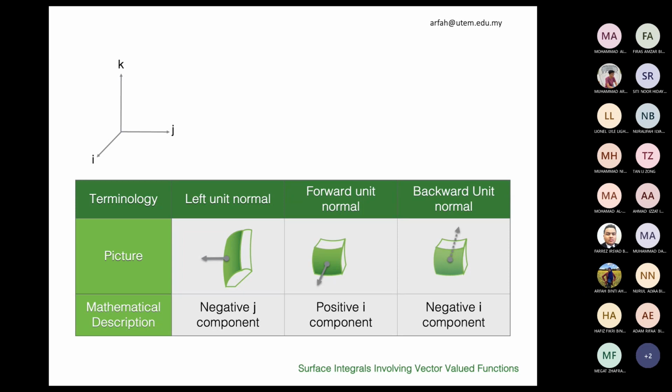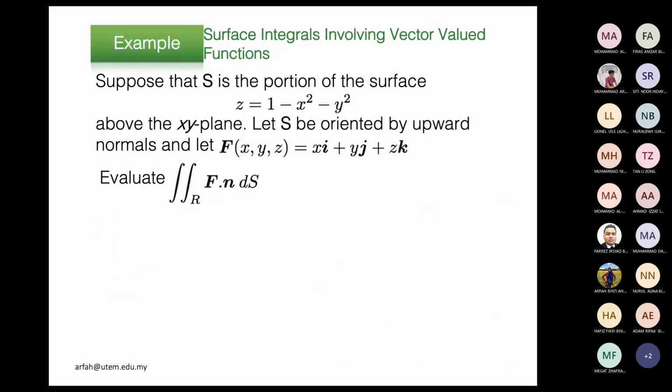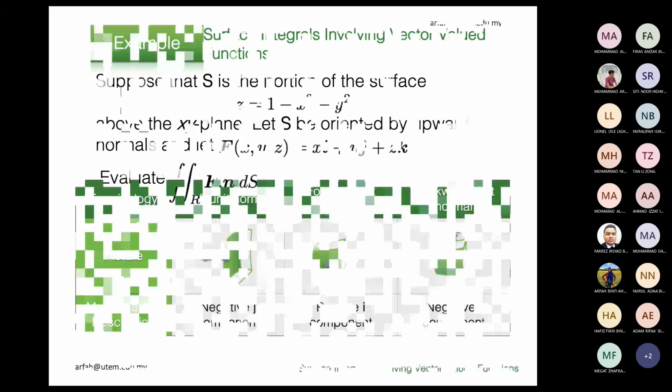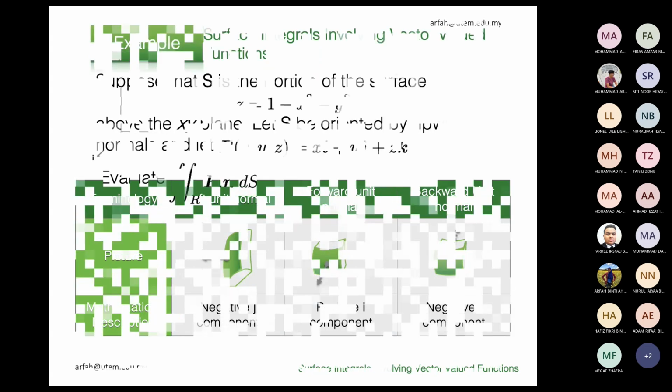If you have the positive i component, then the unit normal vector is the forward unit normal vector. And if you have a negative i component, then you are going to have the backward unit normal. Okay. And from here, how are we going to define the surface integral involving the vector value function? So let's take a look at this one.